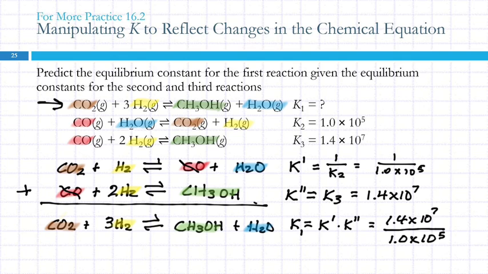Practice using your EE button. 1.4 EE7 divided by 1 EE5. Any questions?